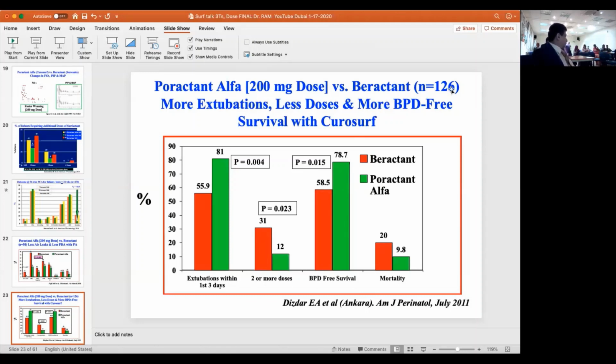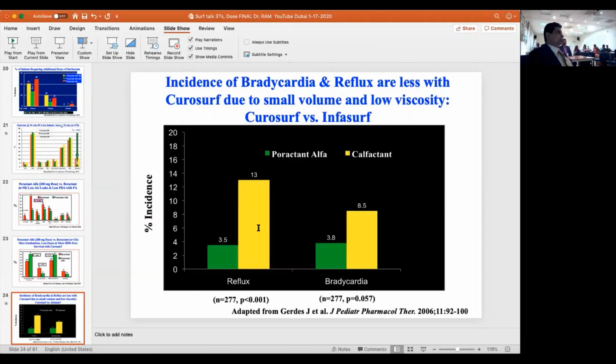Incidence of bradycardia and reflux, with lower volume and lower viscosity with poractant alpha, was 15% for bradycardia versus 8.8%.